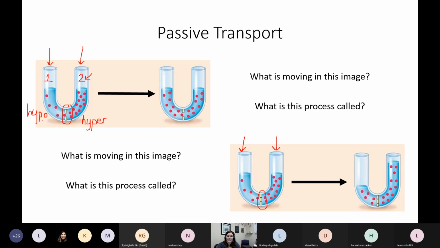So the big idea here is I have two solutions that are not the same concentration. One is hypertonic, one is hypotonic. But remember from our previous slide, we said that the goal of diffusion and osmosis is to make things isotonic. It's to make them have the same concentration.